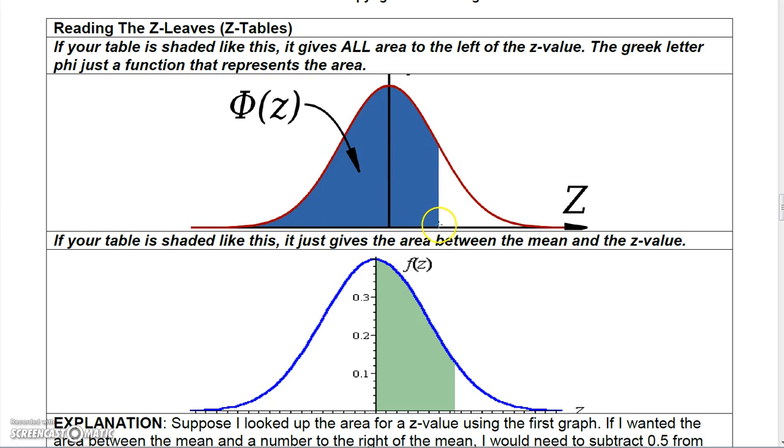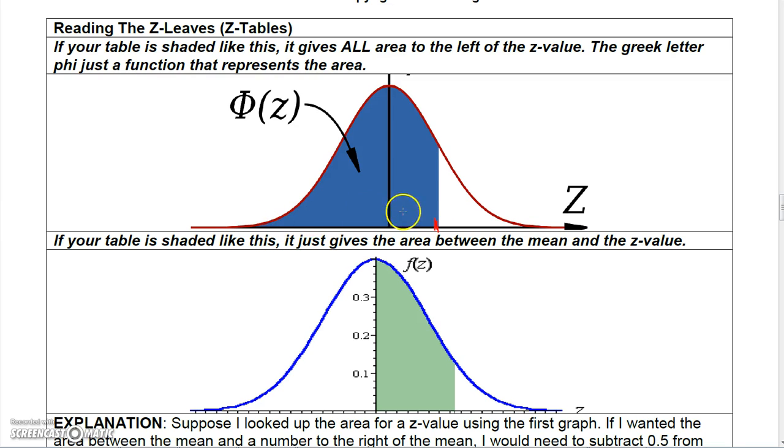Well, if you see a picture like that, and you look up a particular z-score, like let's say z equals 1.3, then there'll be an area given in that table, but what that's going to give you is the area from 1.3 all the way over to the left.